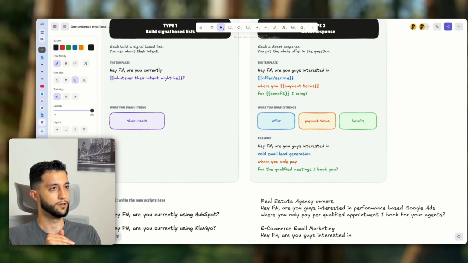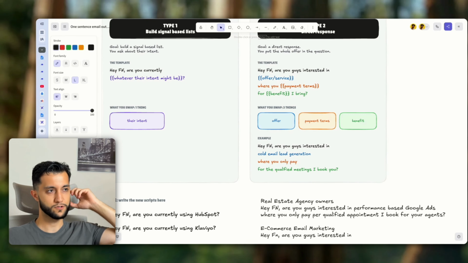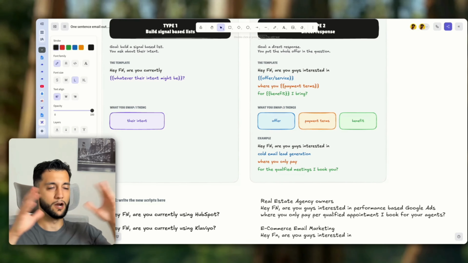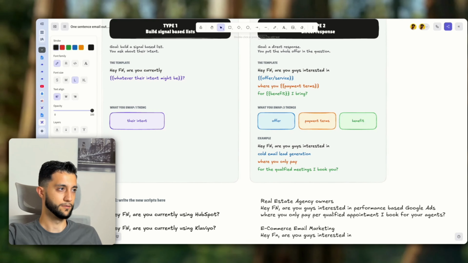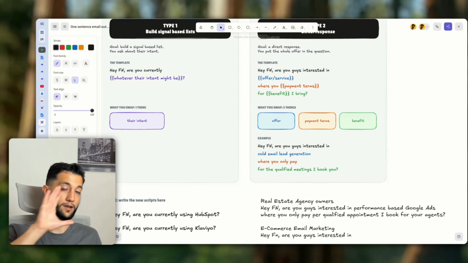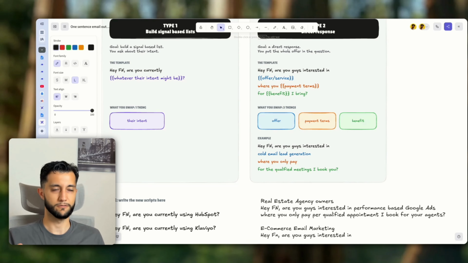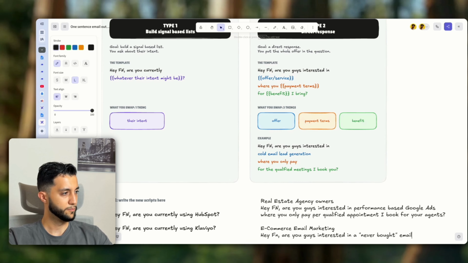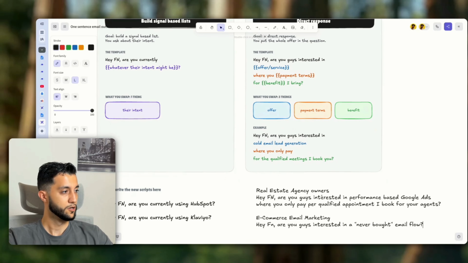They're offering email flows for different scenarios where you have abandoned checkout, you have winbacks, you have never bought, you have stuff like that. Are you guys interested in a never bought email marketing flow?